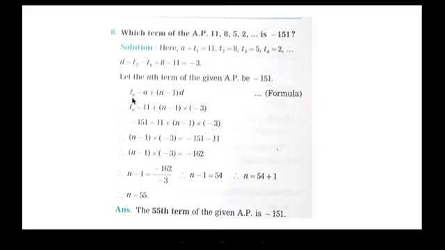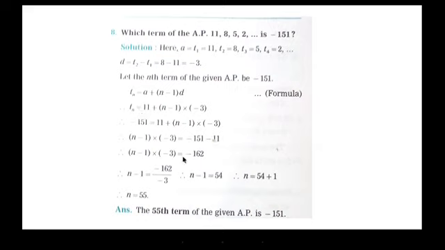Okay, so we have the formula Tn is equal to A plus n minus 1 into D. So therefore Tn is equal to 11 plus n minus 1 into minus 3. We substitute the value of Tn, that is minus 151 is equal to 11 plus n minus 1 into minus 3. So we take 11 on the other side, it becomes minus 151 minus 11.